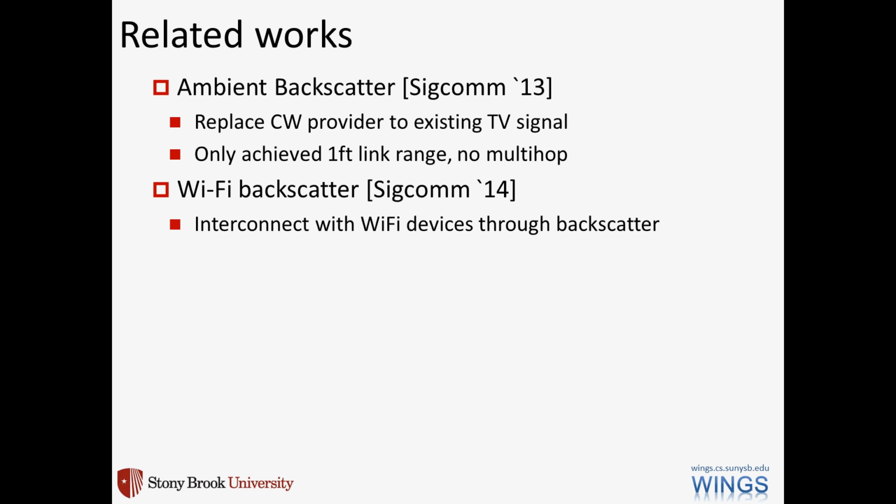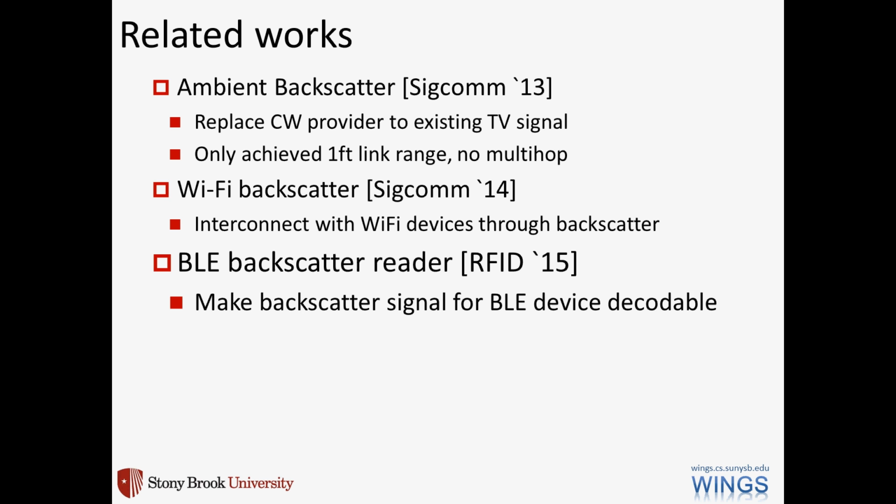In SIGCOMM 2014, they had Wi-Fi backscatter, interconnecting with Wi-Fi devices through backscatter. Transmitting is Wi-Fi, and they mimic the backscatter behavior on the receiver side. They detect RSSI, high and low, and in the long term they achieved 100 bps, and they called it Wi-Fi backscatter.